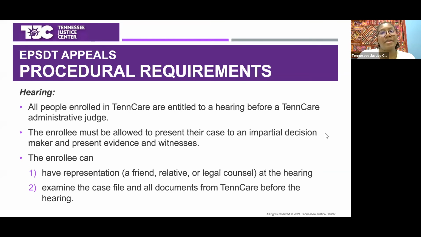At the point of termination, TennCare has certain documents that they review to determine your eligibility, just like Asia explained earlier. You're entitled to review all of that information prior to the hearing as well. So when it gets to the hearing stage, you'll have an opportunity to present your information and review the information on the other side.